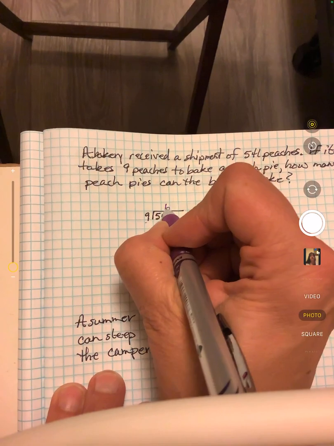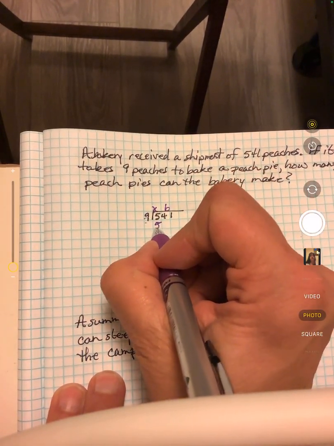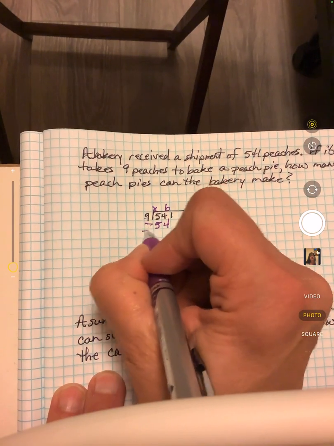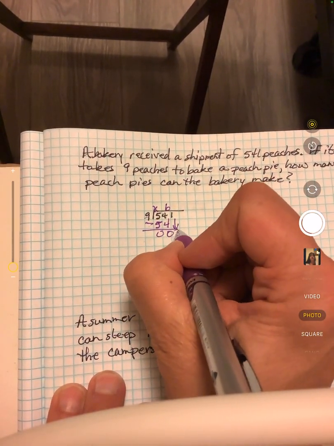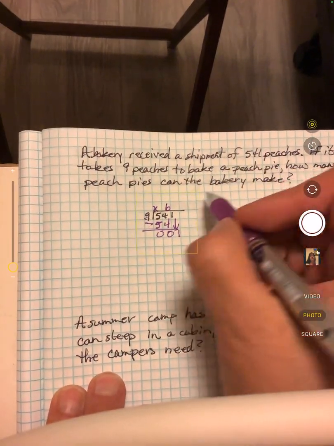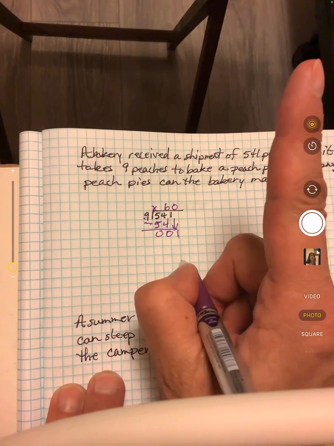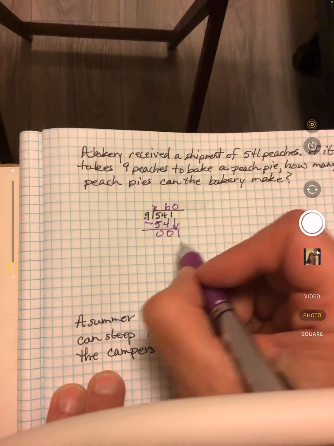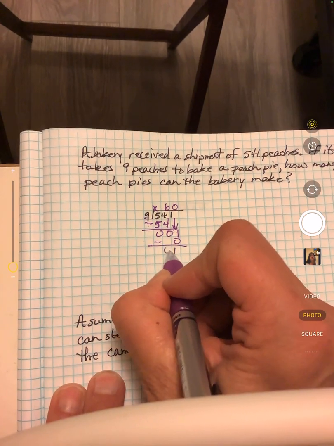So we put 6 up here. 6 times 9 is 54. 0. And I bring down my 1. 1 divided by 9 is 0. Because I can't put 9 into 1. So we subtract and we have a remainder of 1.